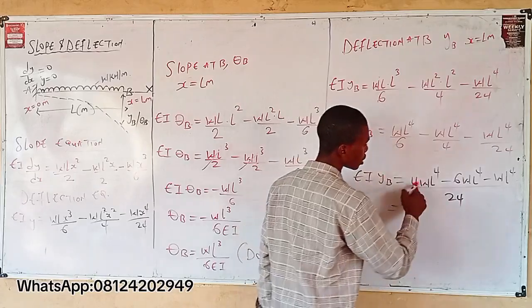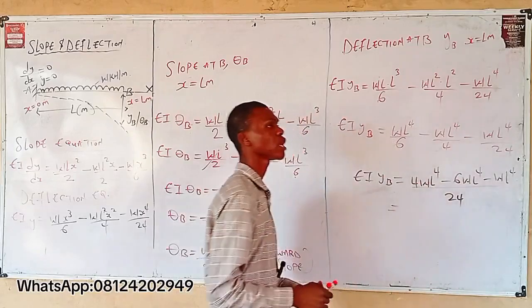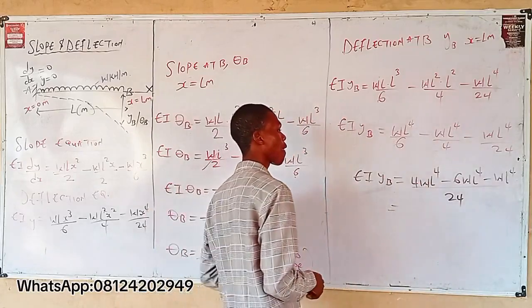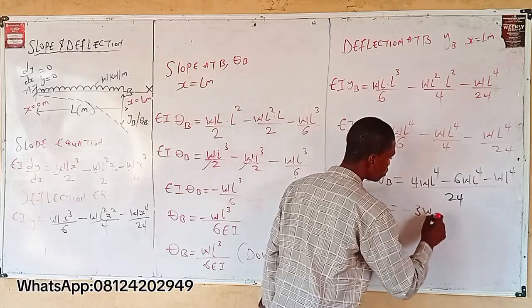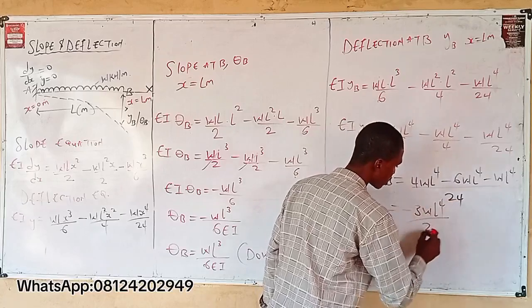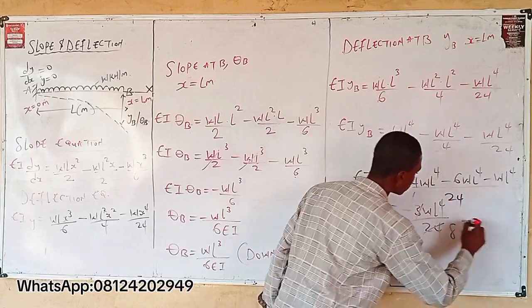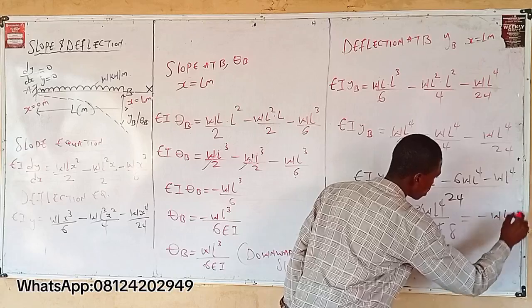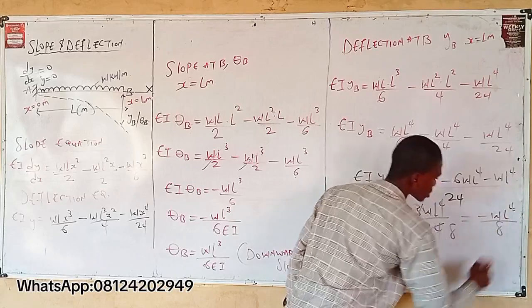So let's solve. 4 minus 6 minus 1, what do we have? That's negative 3. Negative 3 WL raised to power 4 over 24. 3 goes here 1, 3 goes here 8, which equals negative WL raised to power 4 over 8.